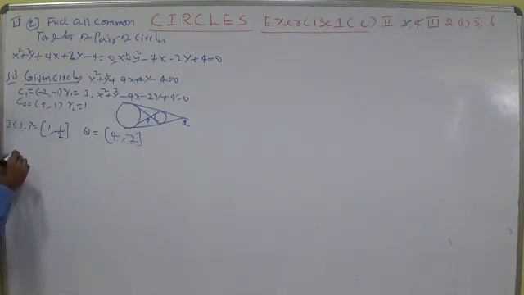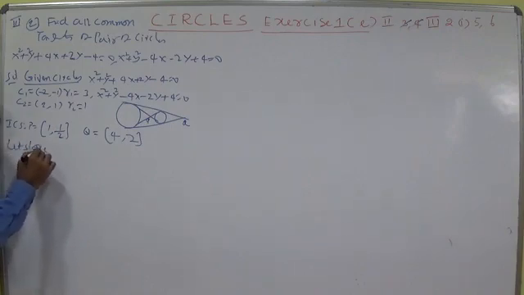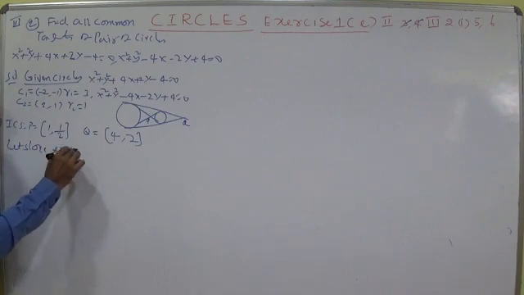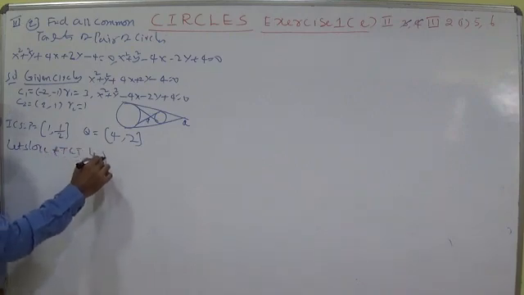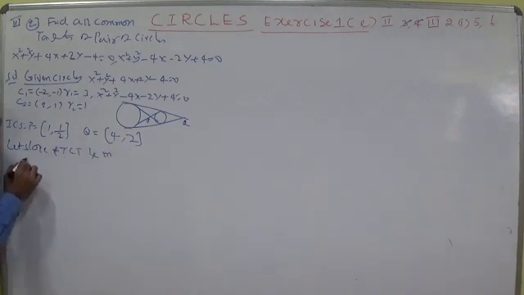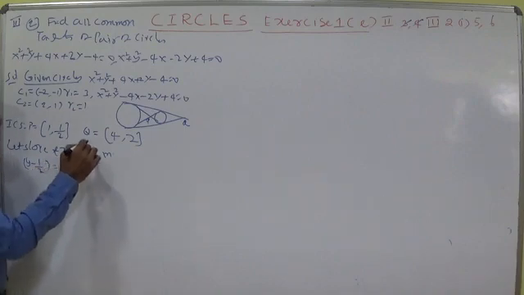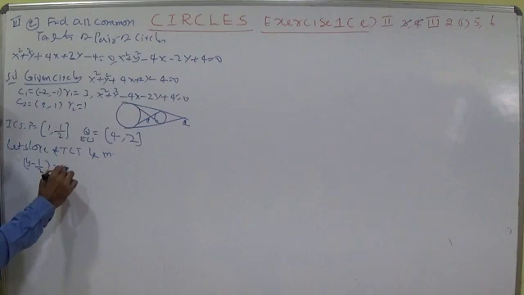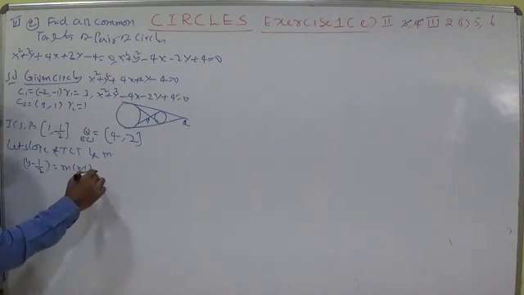Now using this one, let the slope of TCT be m. Whenever TCT, you should consider ICS. ICS: y minus 1 by 2 is equal to m into x minus 1.